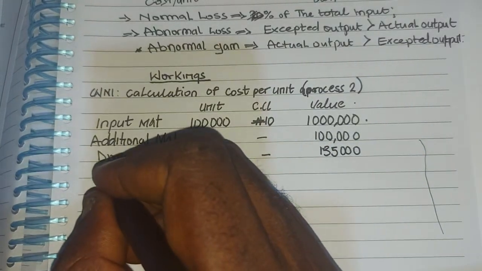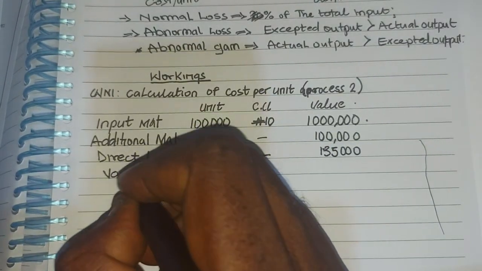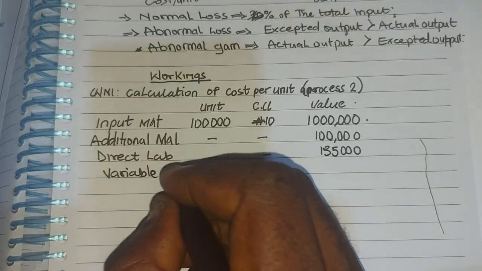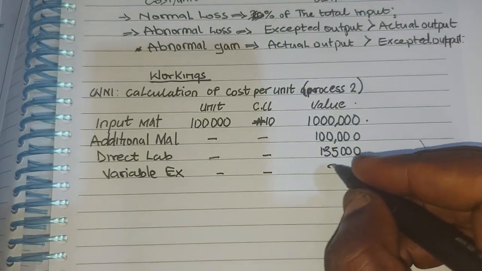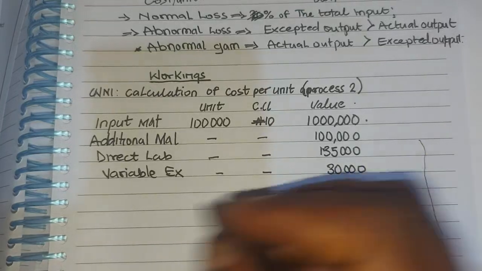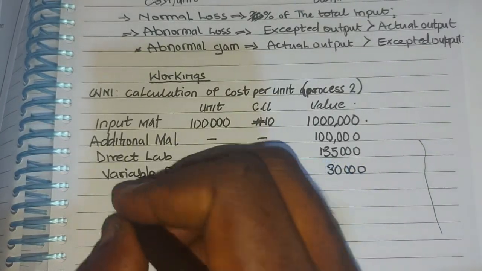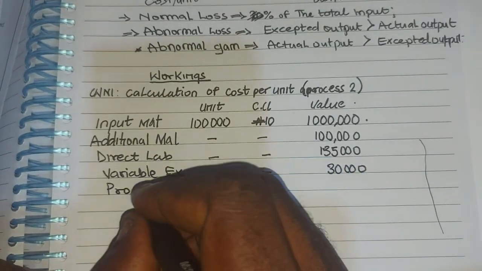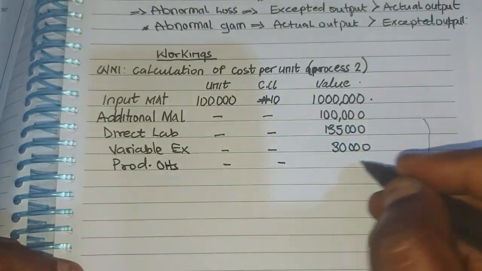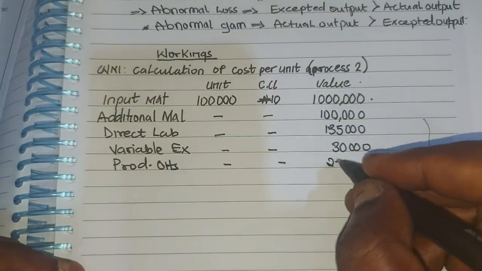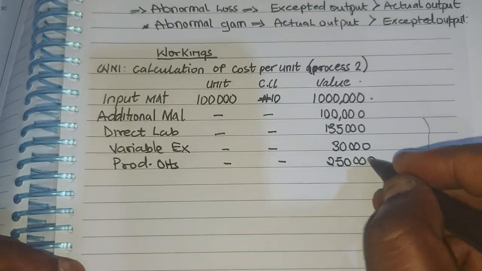Then we have variable expenses, dash, and that is 30,000 naira. Then we have production overheads, dash, and that is 250,000 naira.